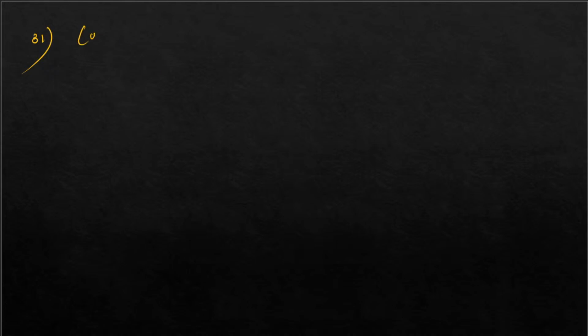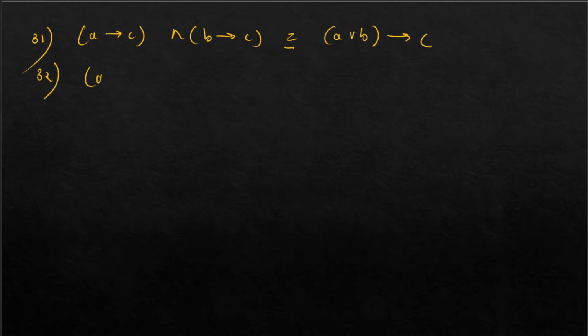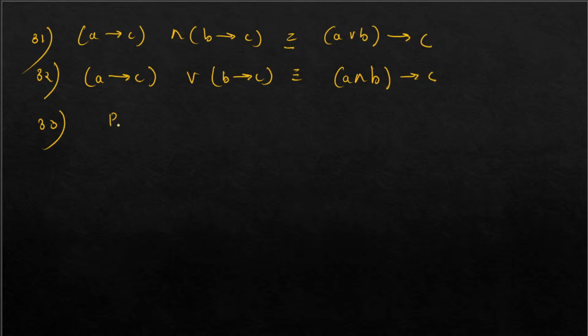Like A implies C and B implies C, so this equals A or B implies C. The 32nd is A implies C or B implies C, which is equivalent to A and B implies C. The 33rd is P implies Q, and P; this will give you the result Q.